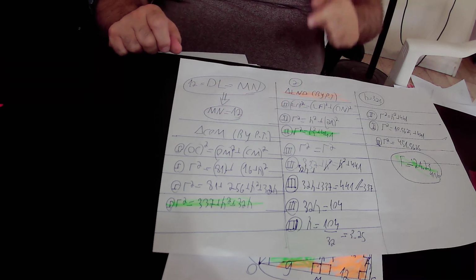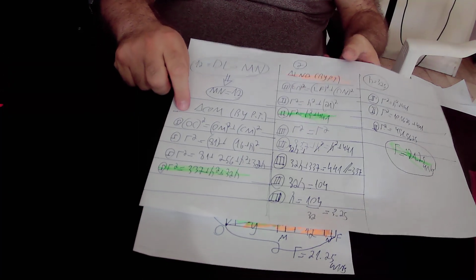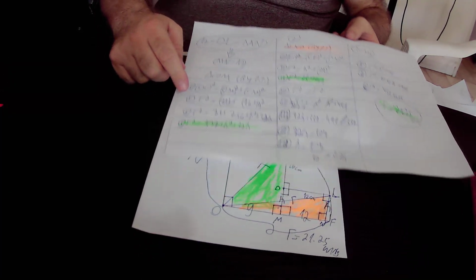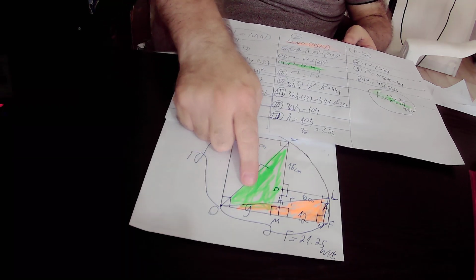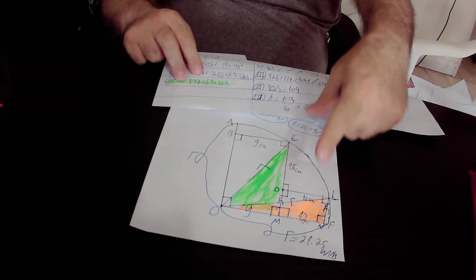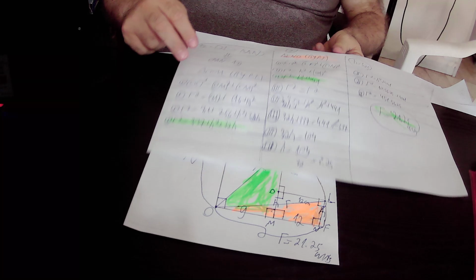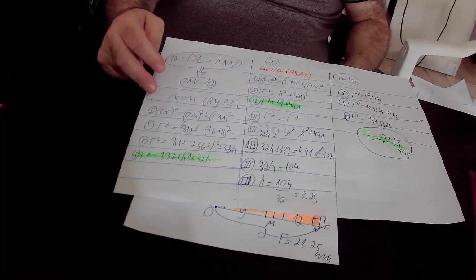OC is the radius of the quarter circle that is equal to R, therefore OC square is R square. OM equals 9, therefore OM square is 9 square, that is 81, plus CM square. CM equals 16 plus H, therefore CM square equals (16 plus H) square.